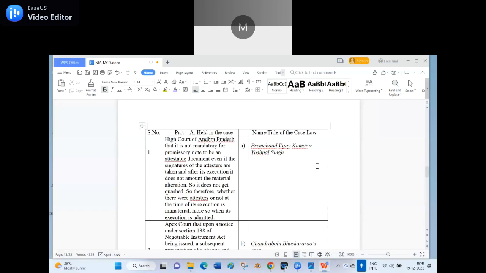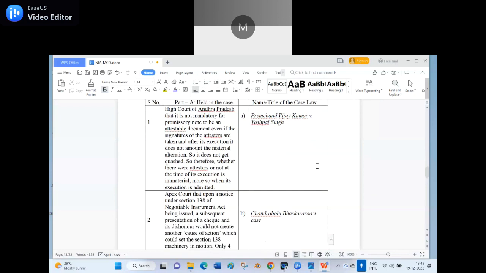Even if the signatures of the attesters are taken after its execution, it does not amount to material alteration, so it does not get quashed. Whether there was an attestator or not at the time of execution is immaterial, more so when the execution is admitted. That is number one, case law held.